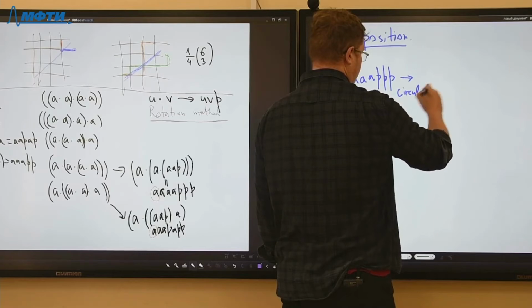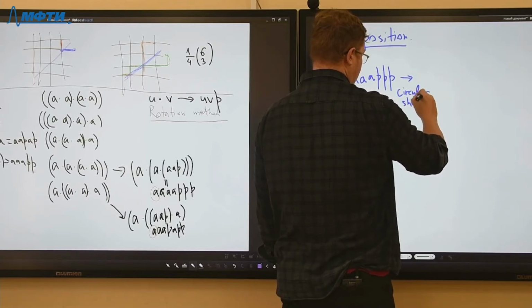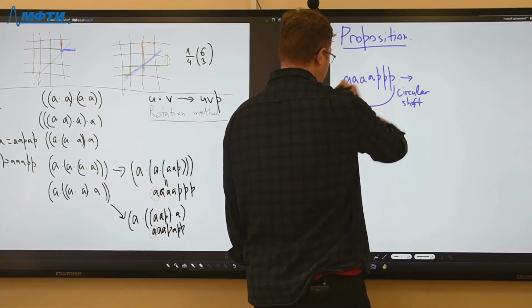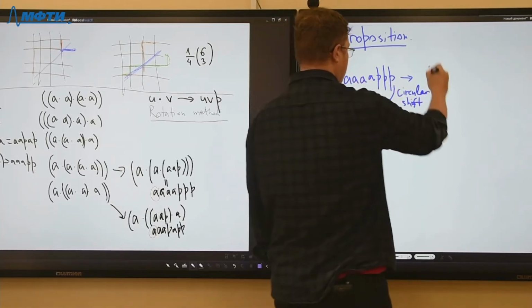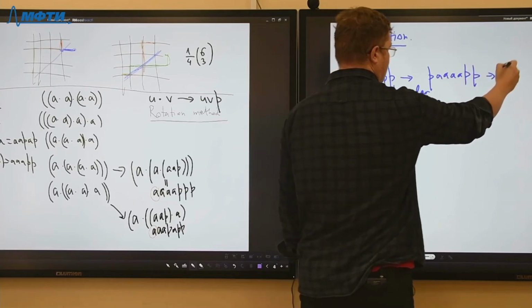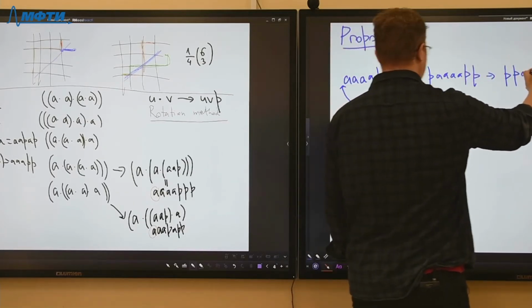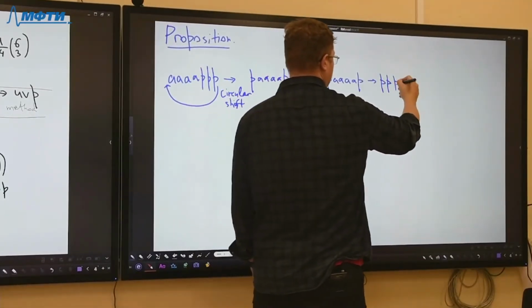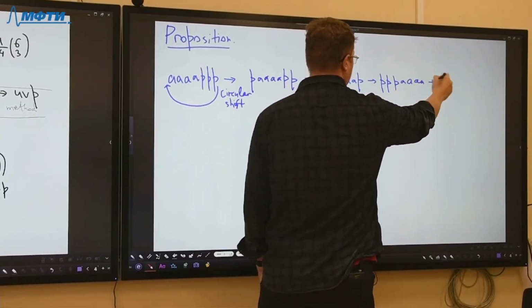I just move the last element to the first position, and I will get this guy, then this guy, and then this guy, and so on.